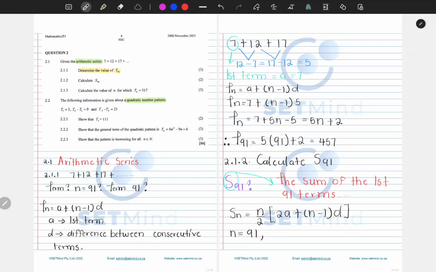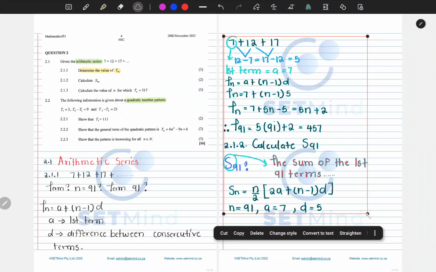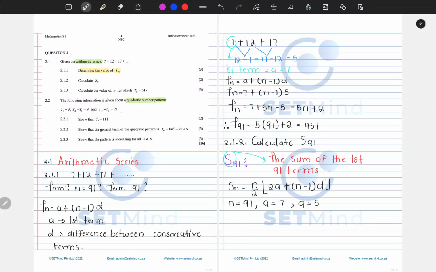For this series, we already know that our a, the first term, is 7, and our d, the difference between consecutive terms, is 5. So we are clearly in a position to use our formula to find the sum of the first 91 terms.